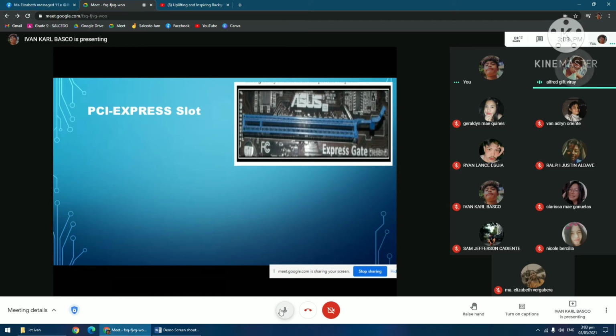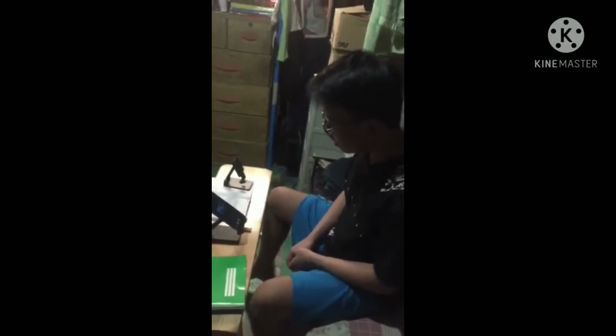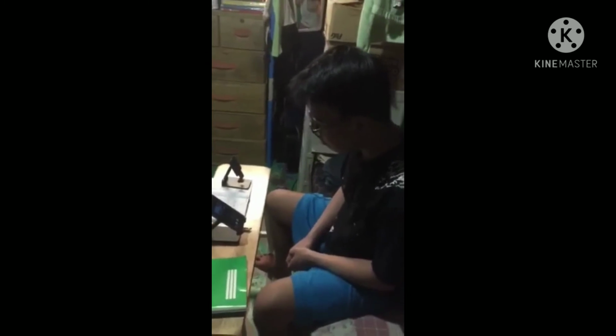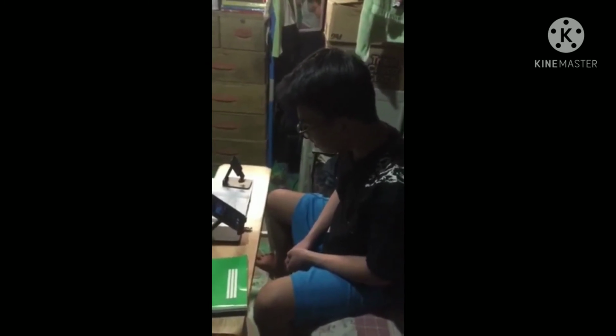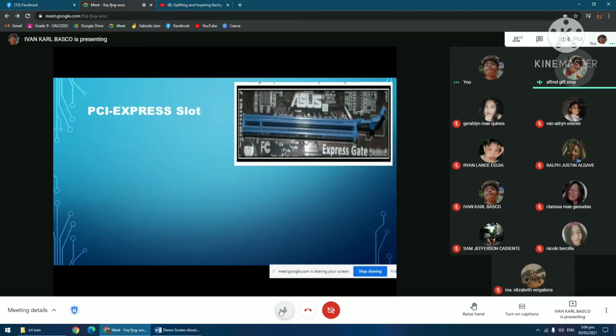PCI Express slot was designed to replace PCIX and AGP. It is the most recent and high-performance standard for expansion cards that is generally available on modern personal computers. PCIe was designed to replace PCI, PCIX, and AGP. It is the most high performance above all.